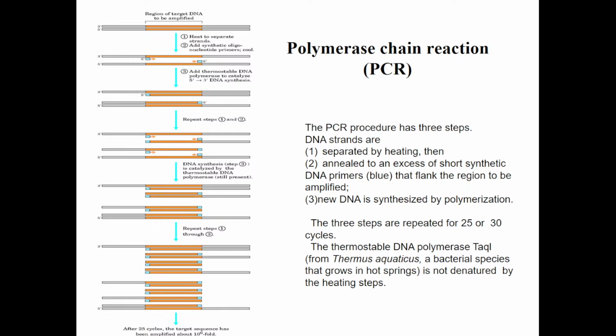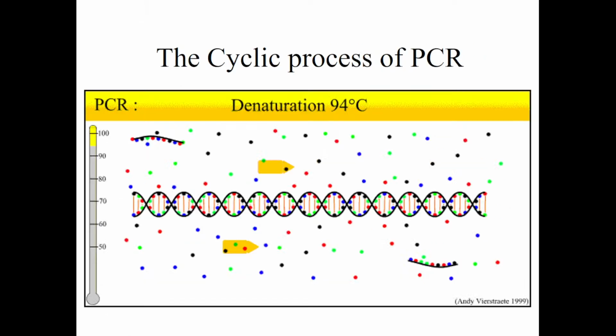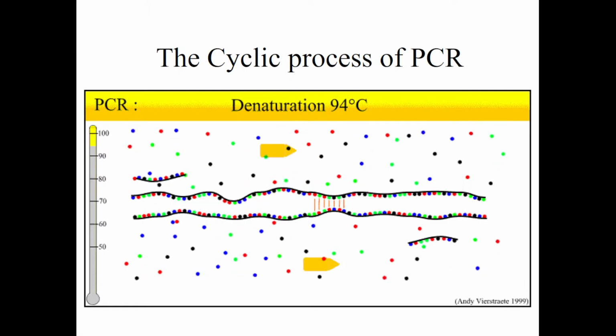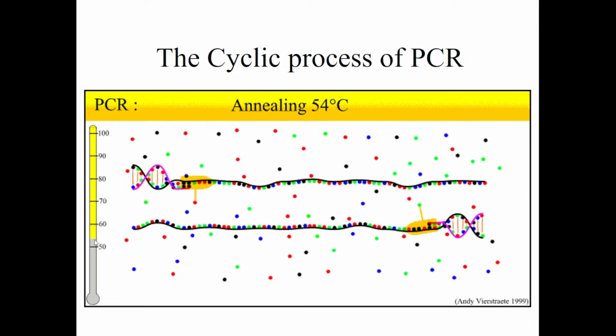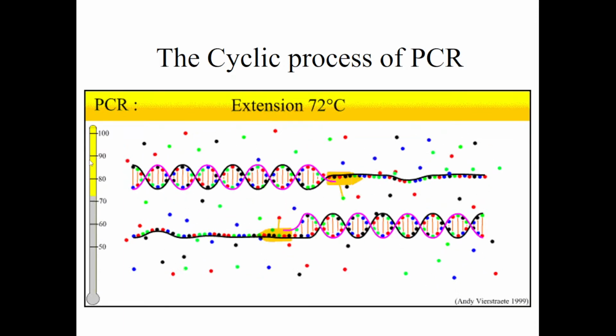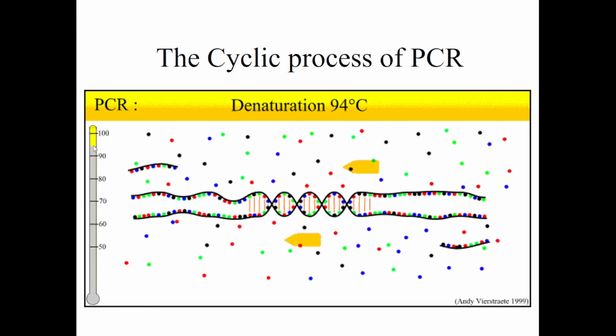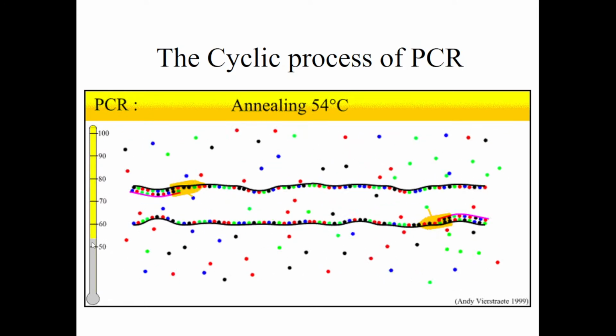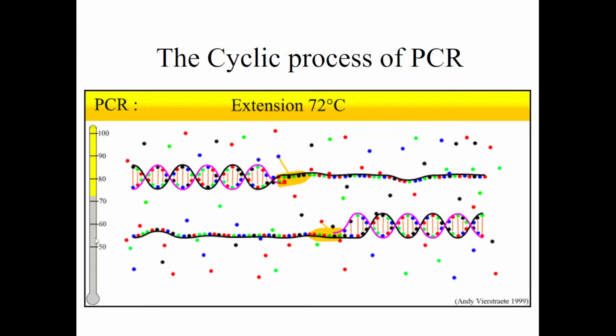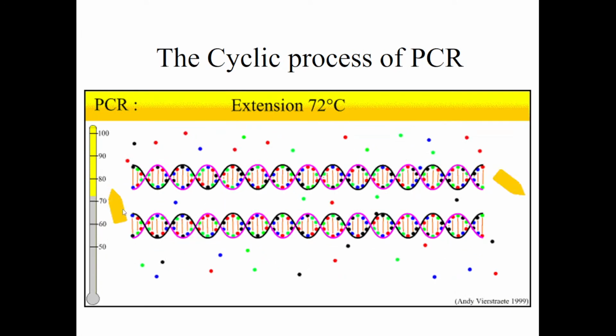And after, for example, usually more than 20 cycles, we will accumulate multiple copies, which can be registered and checked by usual electrophoretic methods. Now you can see the thermal changes of the modifications. First there will be dissociation, denaturation at high temperature, melting, then annealing, binding of primers, and synthesis.